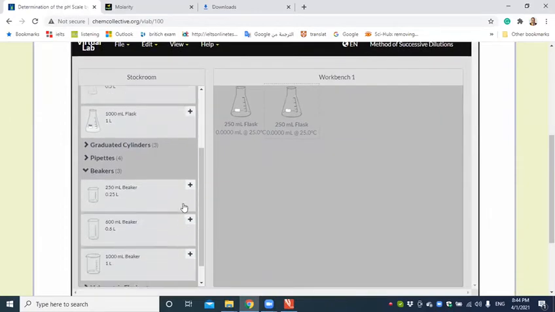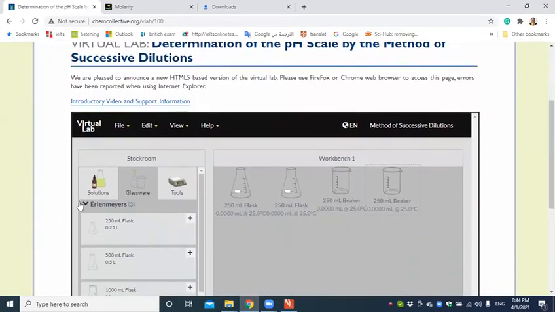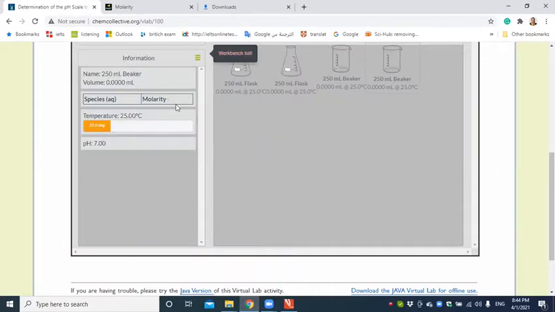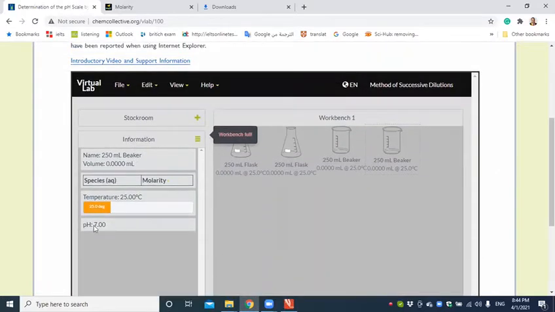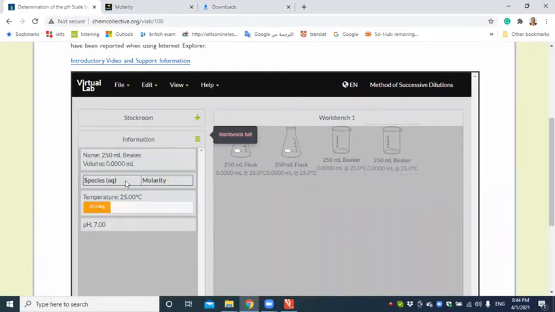And we need solutions of different acidity and different pH, so we need distilled water.